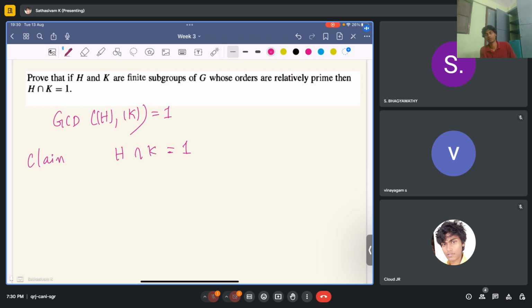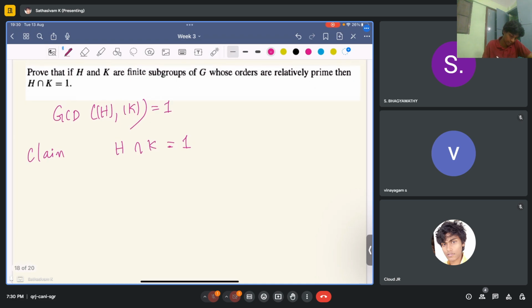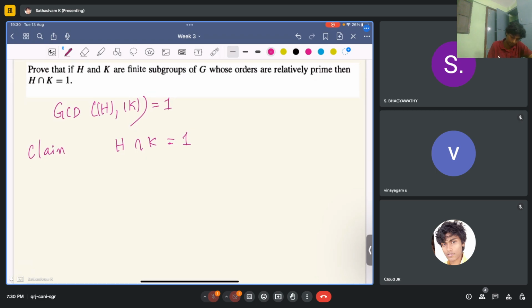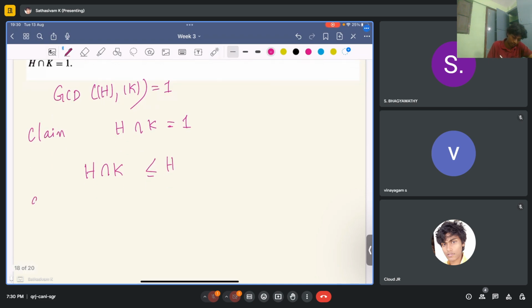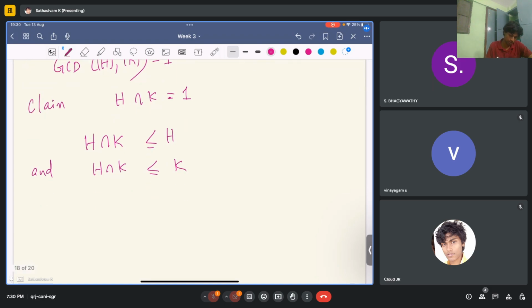So how do you prove it? Again, use the Lagrange theorem. That's all. What we can observe is that the intersection is first a subgroup of H, and also a subgroup of K. So let's use the Lagrange theorem in both cases.